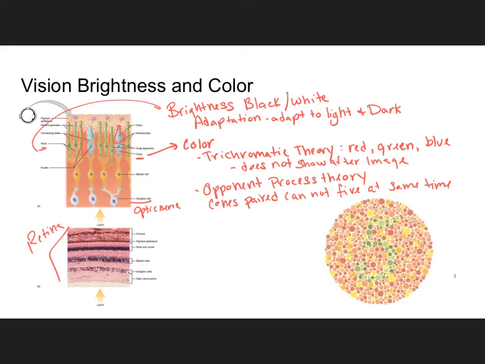So we might see a green-yellow color, but we do not see a red-green color. So this is going to explain that we have red-green cones, that we have yellow-blue, and that we have white and black.